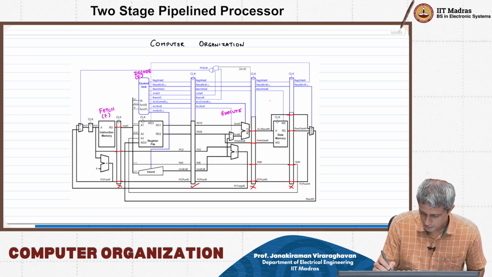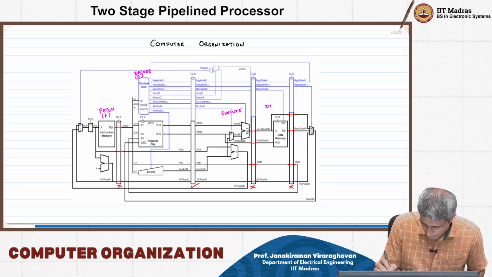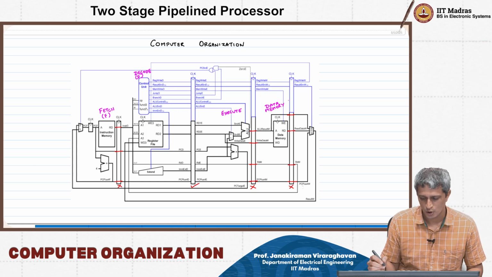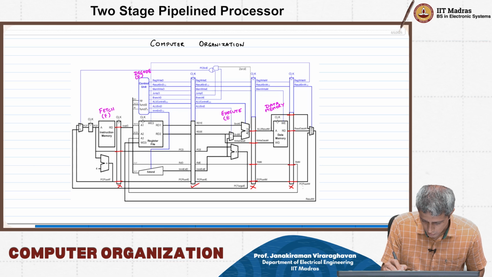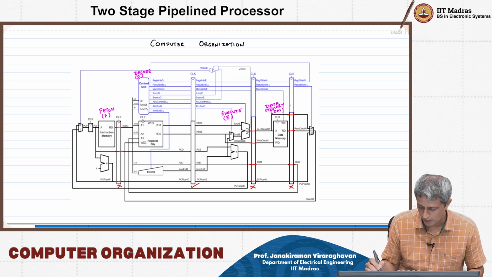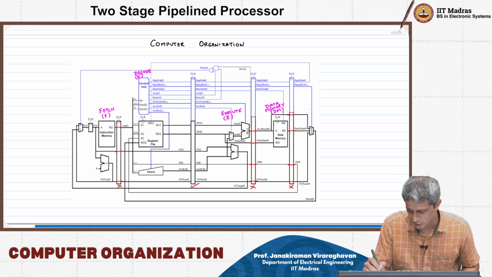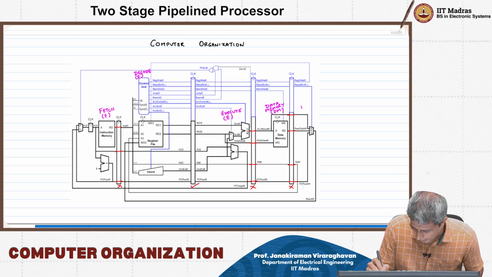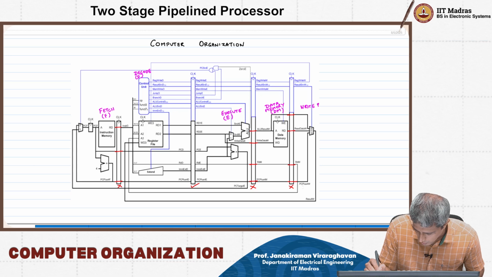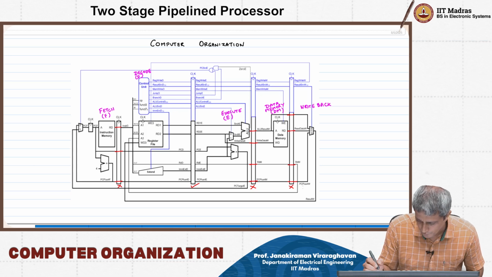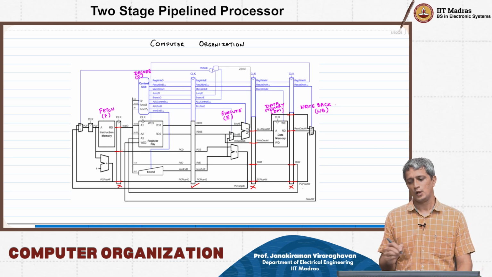Okay. Then we are doing data memory. Right. So this is E. This is DM. Right. And the last stage is of course the RF write back. Okay, this is the WB, right?